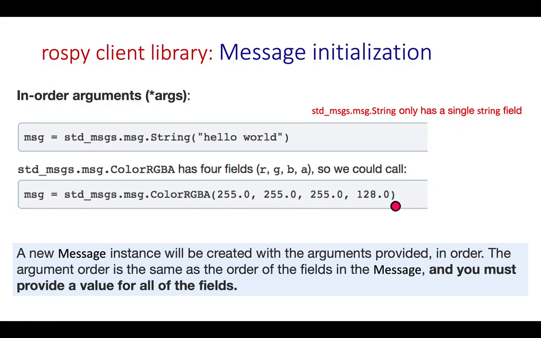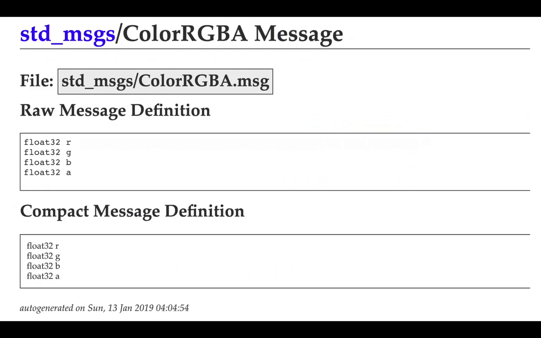So in this example, color RGBA has 4 fields and you need to provide 4 floating values in order for this to be a valid message. Okay, and just so it's complete again, we can look at standard messages / color RGBA. The dot message definition is exactly that.